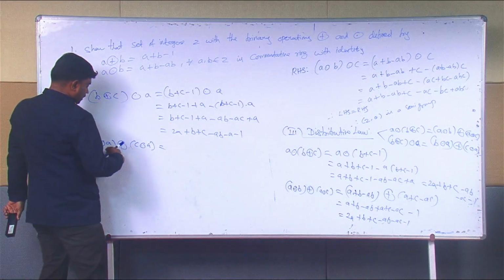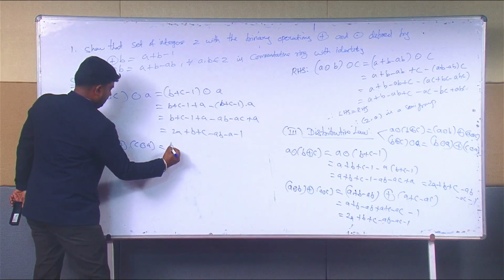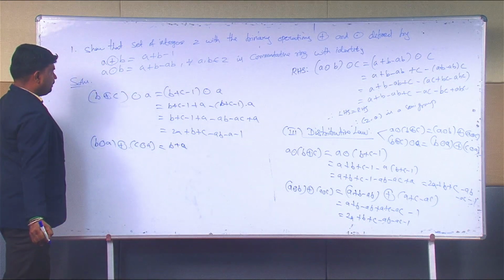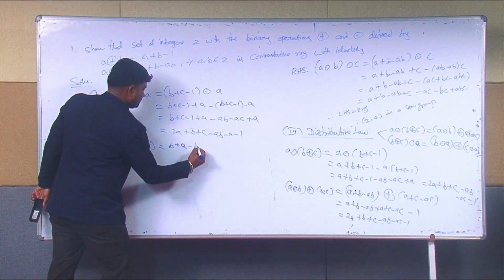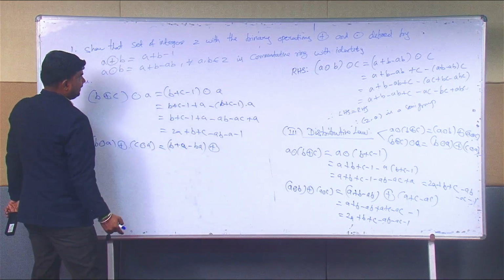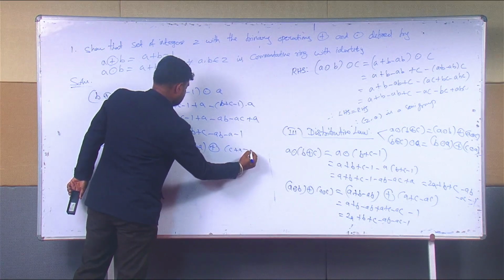B multiplication modulo A is B plus A minus BA, and C and A is C plus A minus CA.